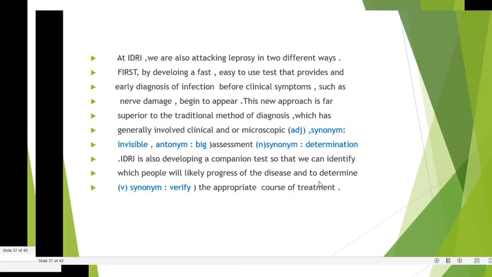Okay. At IDRI, we are also attacking leprosy in 2 different ways.